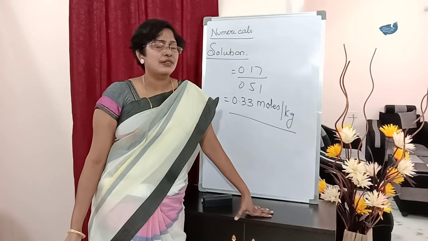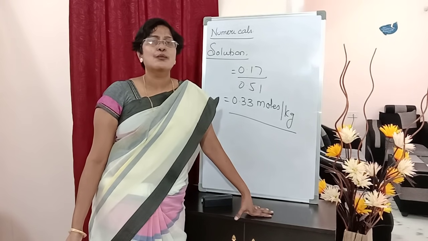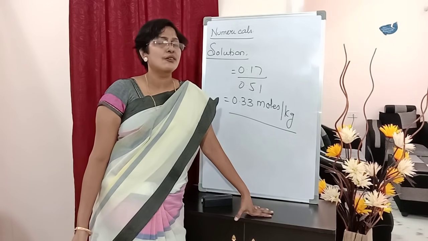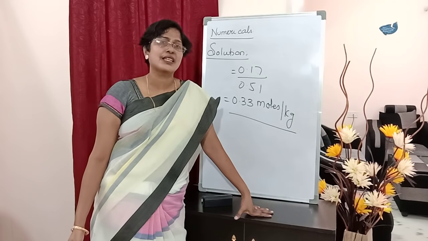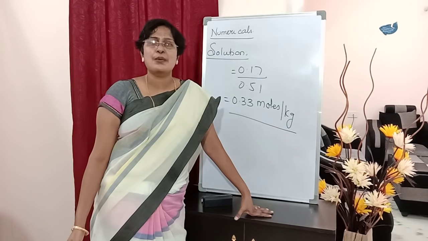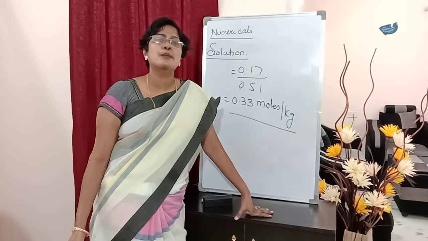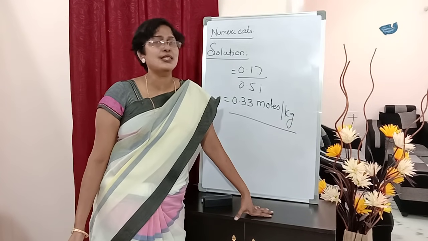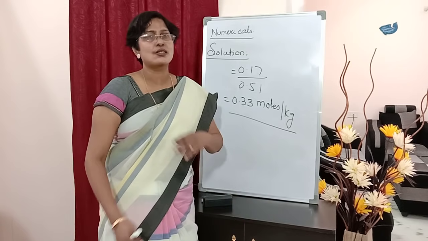Later we derived the expression for molecular weight of the non-volatile solute from delta Tb. So learn clearly and practice the derivation perfectly, and also please practice the numericals, students.